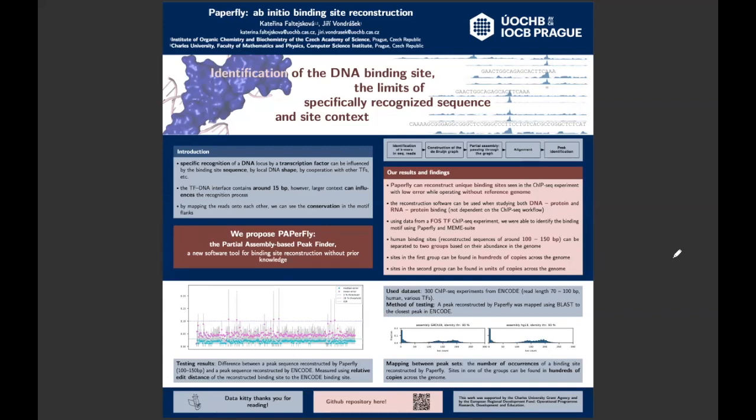Specific recognition of a DNA locus by a transcription factor can be influenced by the binding site sequence, which has around 15 base pairs. However, multiple experimental studies indicate that the larger context of the transcription factor binding motif affects the recognition process, maybe via local DNA shape.